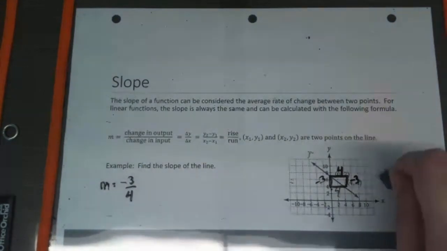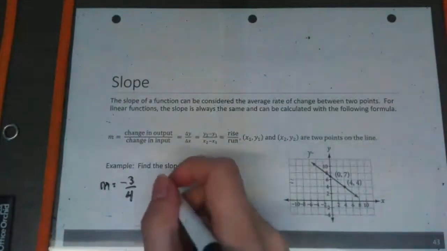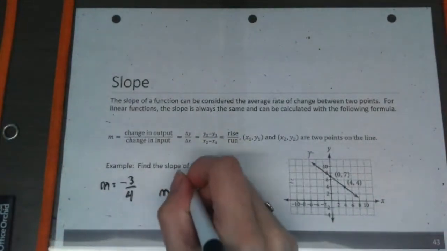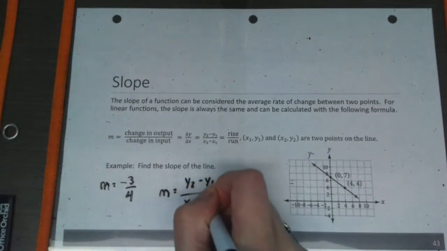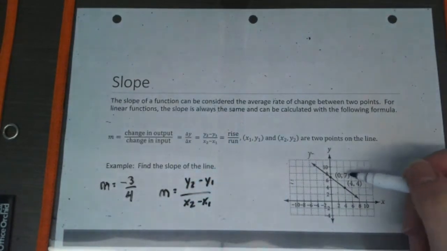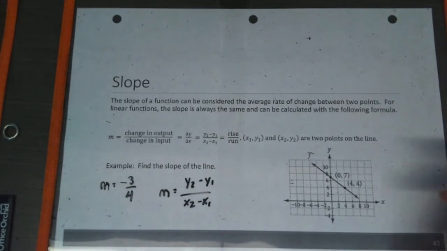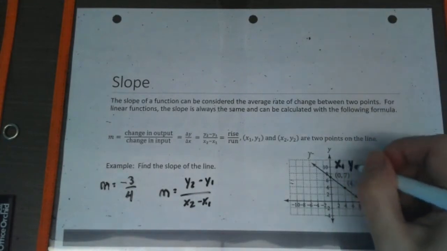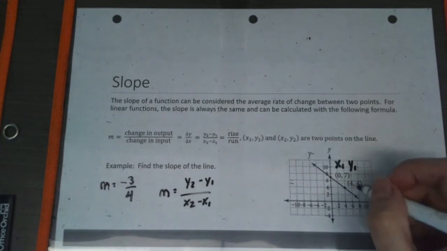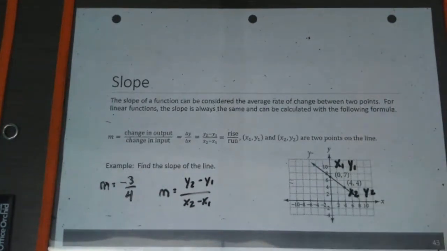Now let's look at this based on the actual formula. m equals y2 minus y1 over x2 minus x1. I have 2 points on my line. 0, 7 is my first point, so I'll label that as x1, y1. 4, 4 is my second point, so I'll label that as x2, y2.